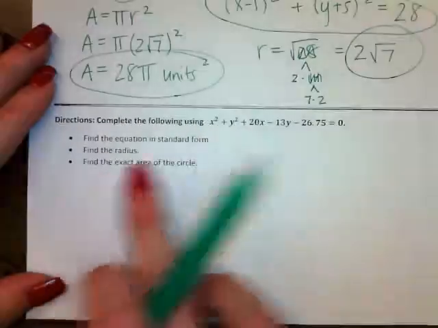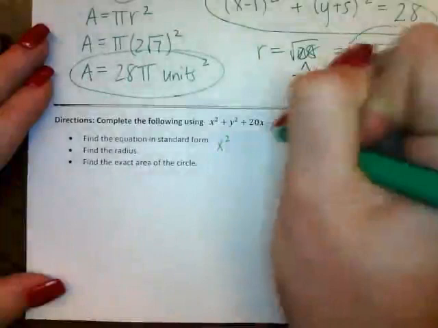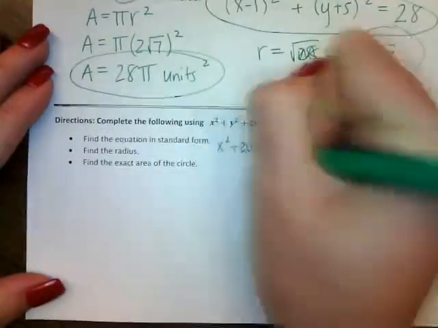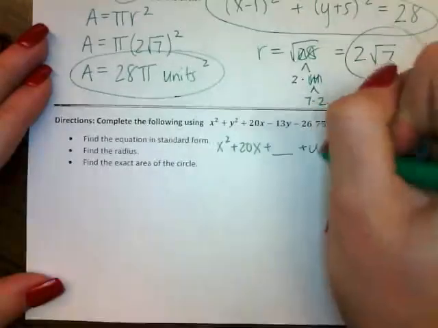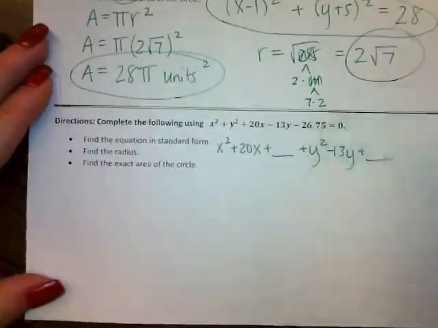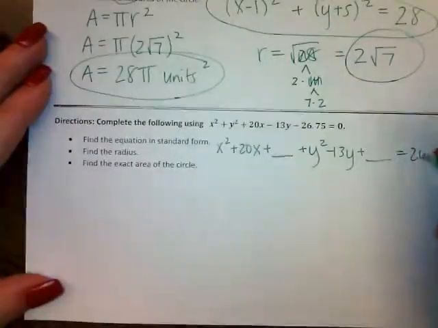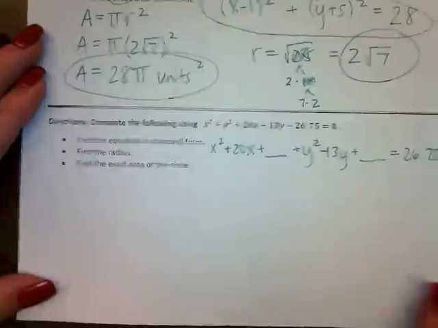Okay, same directions, different problem. Let's group our x's. Leave it blank. Group our y's. Leave it blank. And add the 26.75 over to the other side.